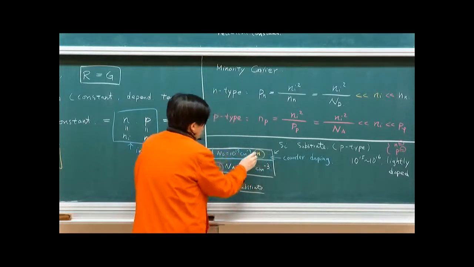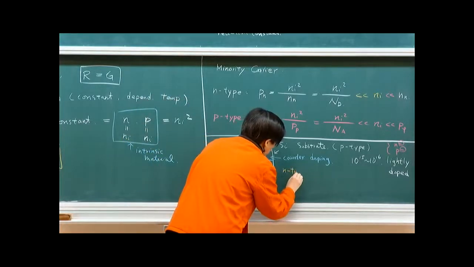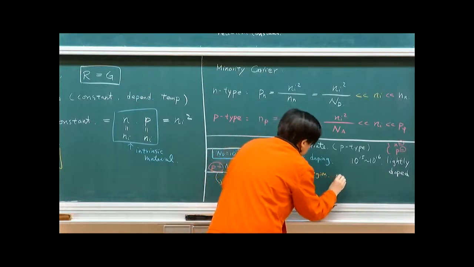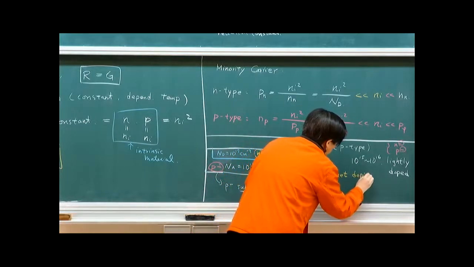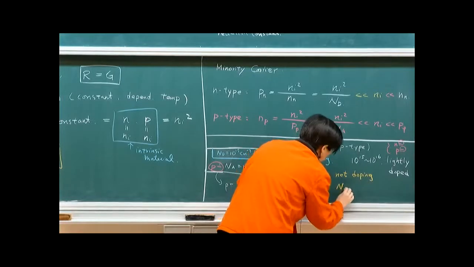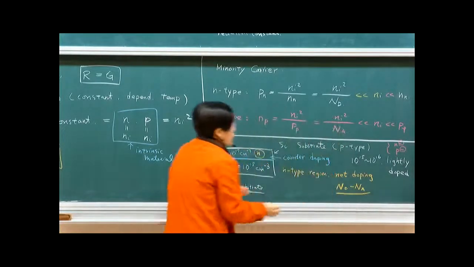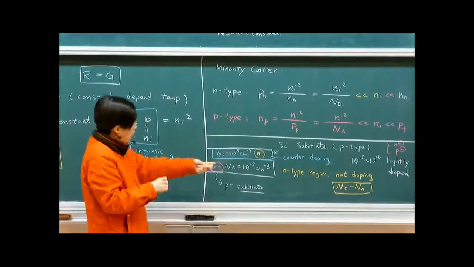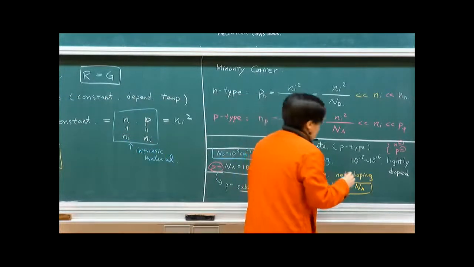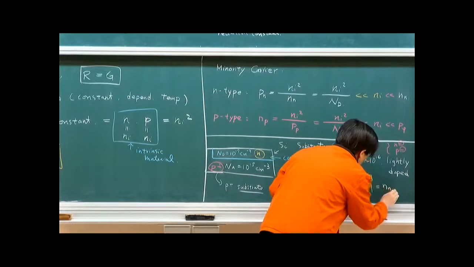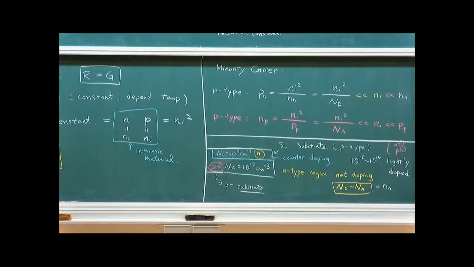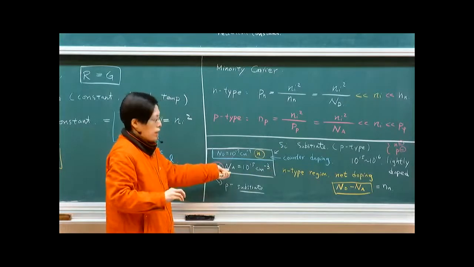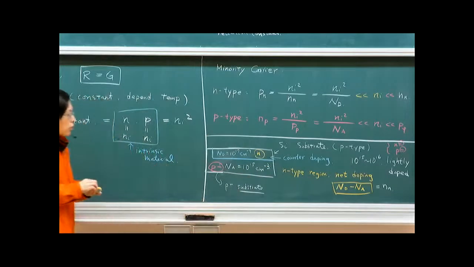In this counter-doped region, the net doping will become Nd minus Na. So you have a net doping of Nd minus Na, and this will be your Nn in this region. It will not be Nd itself. You have to subtract the underlying background effect of these Na, and this is what we call counter doping.